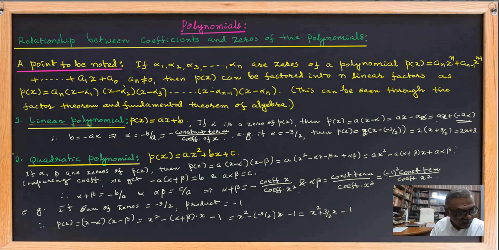Equating to 0, because alpha and beta are the zeros of this polynomial, we get p(x) equal to 2x square plus 3x minus 2. This is the answer, which you can see through verification.